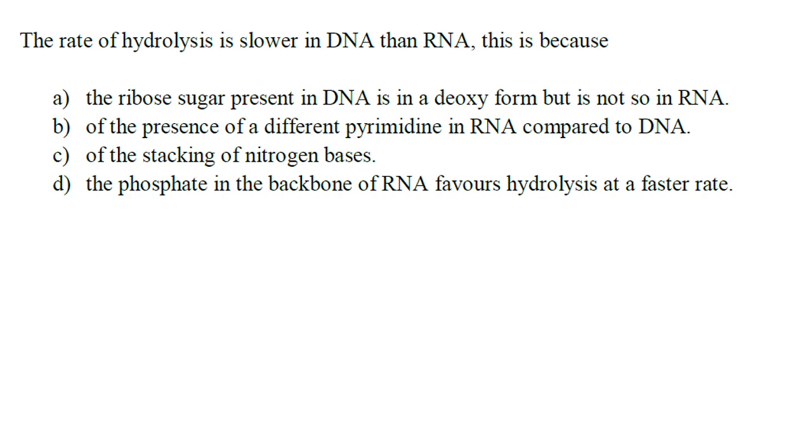So this question we have taught right here only. The ribose sugar present in DNA is in the deoxy form, but not so in RNA. So if you see this basic difference, what is the difference here?